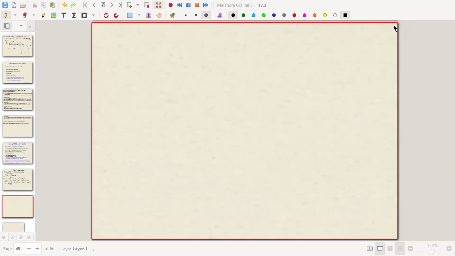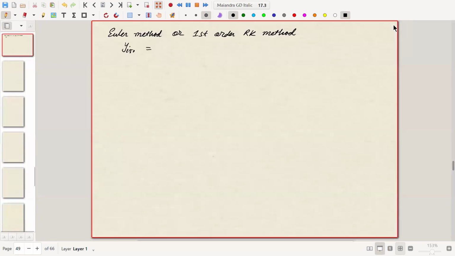So I will write the generalization towards the Runge-Kutta method. First is the Euler method. It's also known as the first order RK method. So how are we writing the Euler method? It is like y_{i+1} equals y_i plus h f of (x_i, y_i).